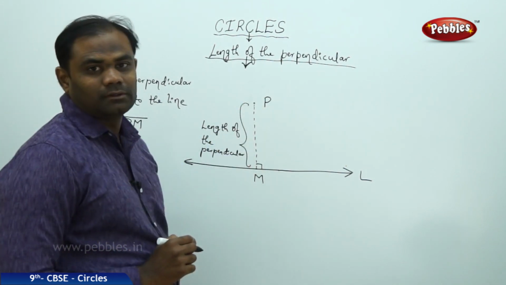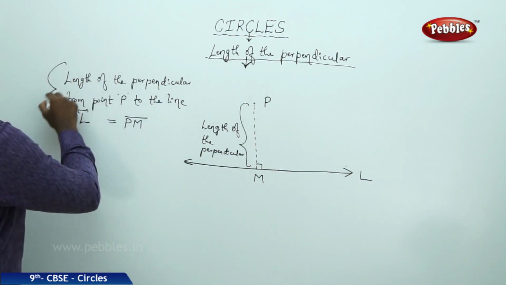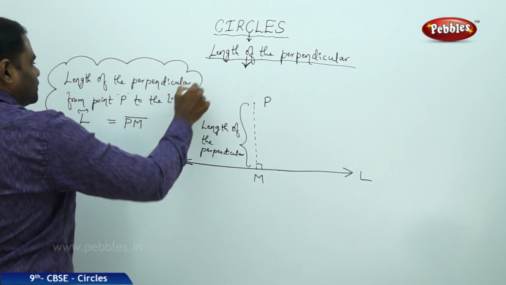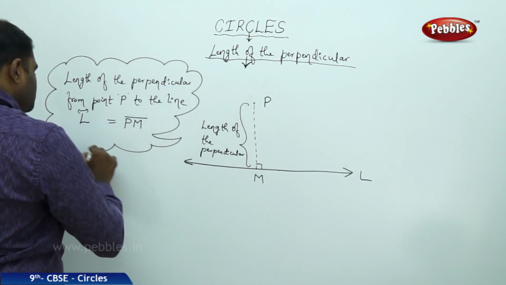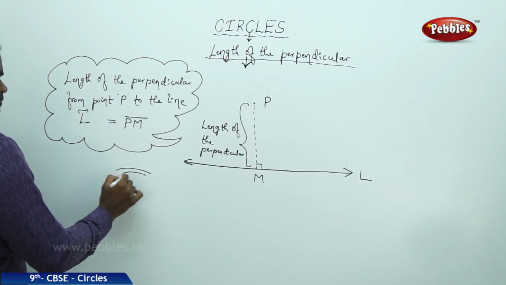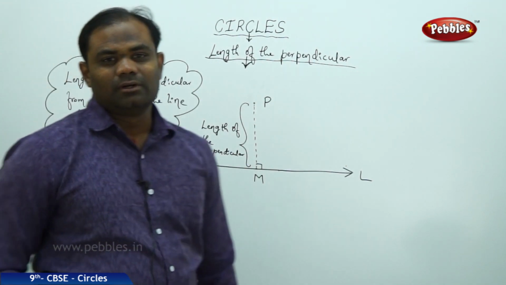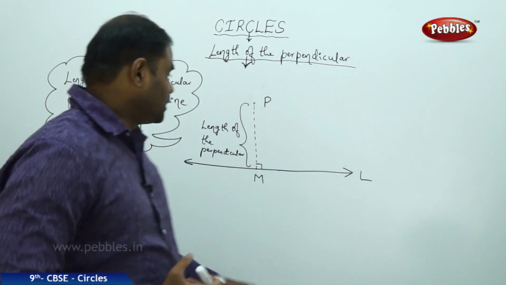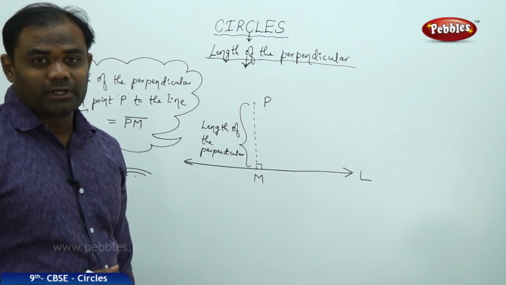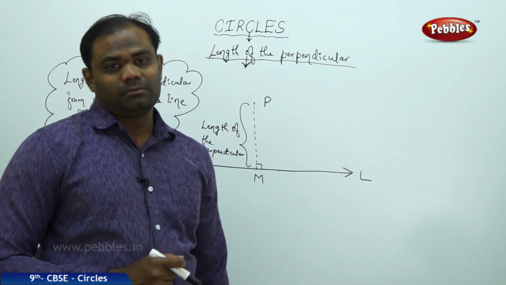So this is how we define the length of the perpendicular from the point to the line L.